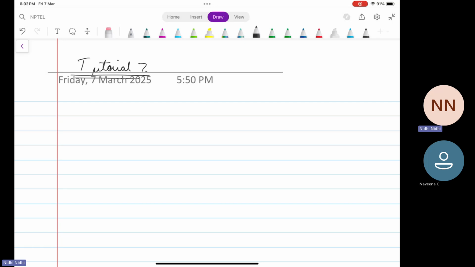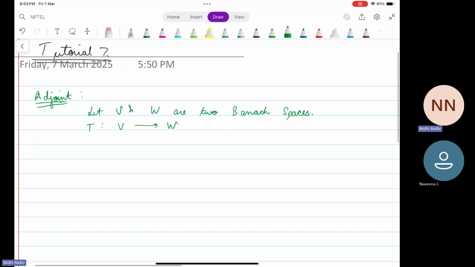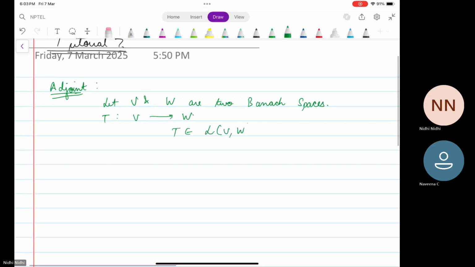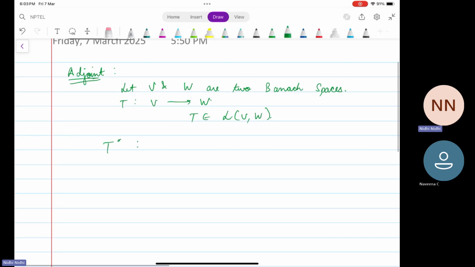So firstly, let's recall what we mean by adjoint. Suppose V and W are two Banach spaces, and T is a continuous linear operator from V to W. We define its adjoint T star from W star, where W star is the dual space of W, to V star, such that T star G is an element in V star, so it is a functional defined on V. T star G at any point V is given by G at TV.